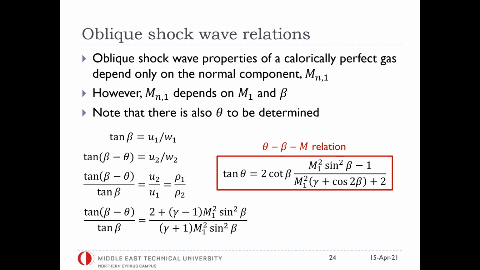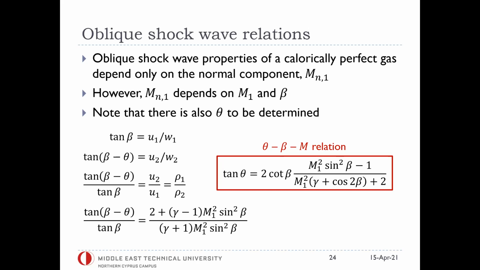And we apply all the normal shock wave jump relations across the oblique shock wave. The input Mach number is, instead of M1, the normal component of M1. So we just apply normal shock wave relations to find, for example, the static pressure jump, the static temperature jump, the density jump across an oblique shock wave.